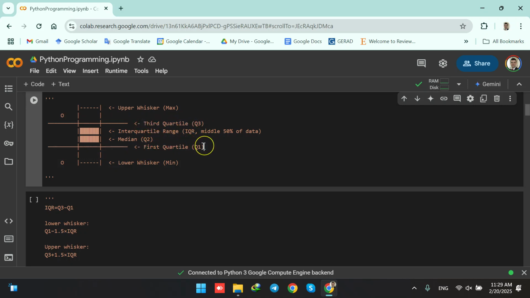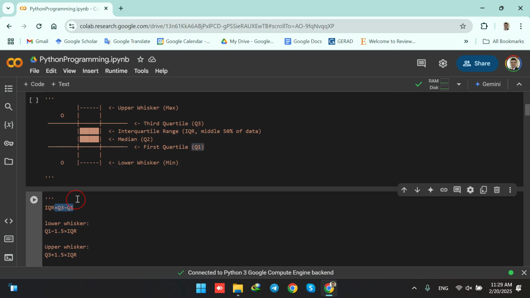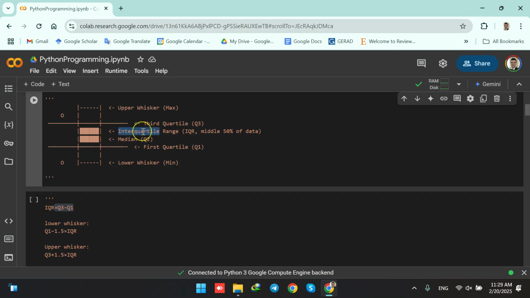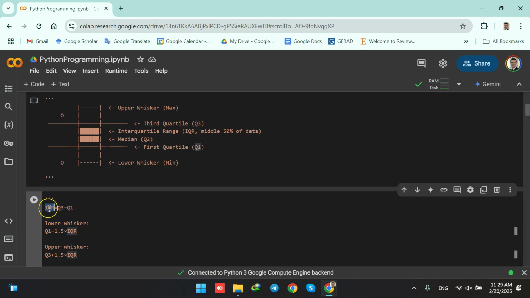When we take the difference of Q3 and Q1, which is here, we calculate the interquartile range. When we have Q3 minus Q1, we have the interquartile range. This is the number that we want.